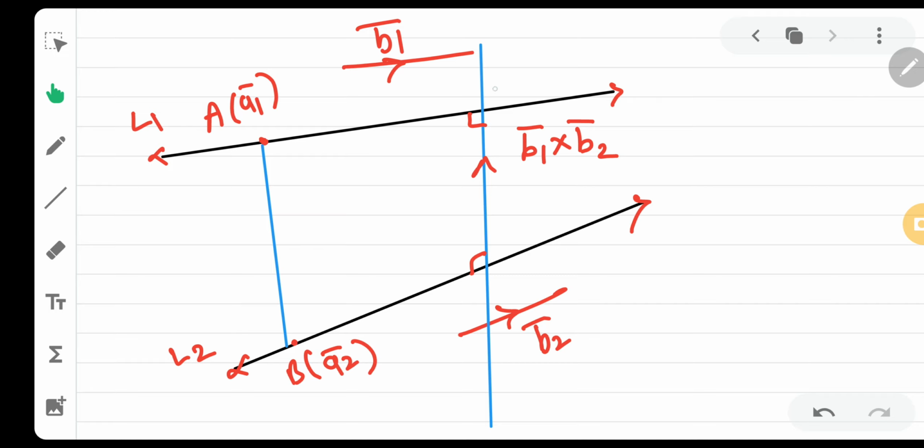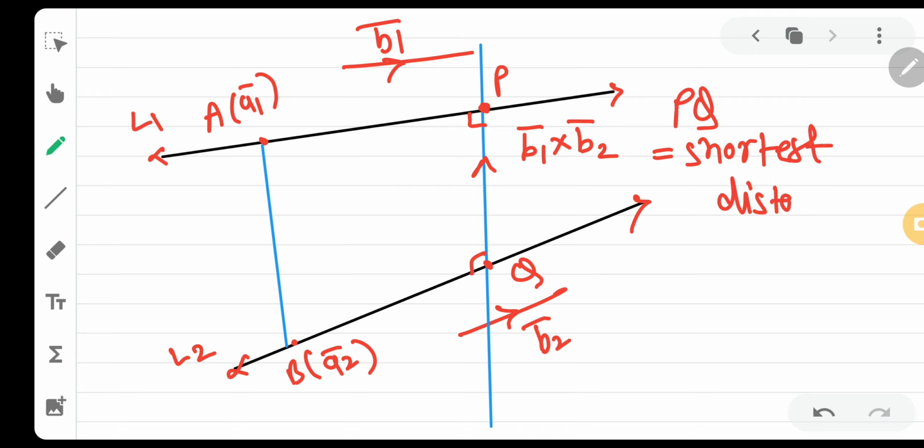The shadow that will be produced on B1 cross B2 will be equal to PQ. Now PQ is the distance between the two lines and PQ lies on the common normal. So PQ actually becomes the shortest distance.